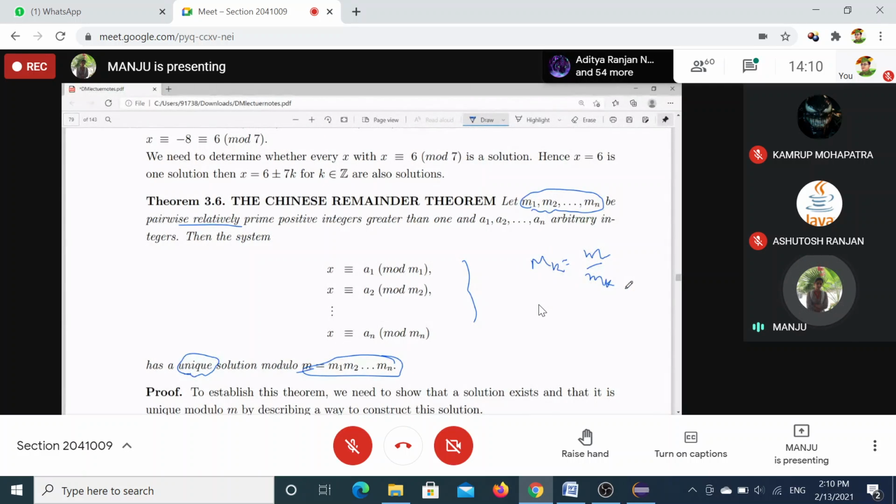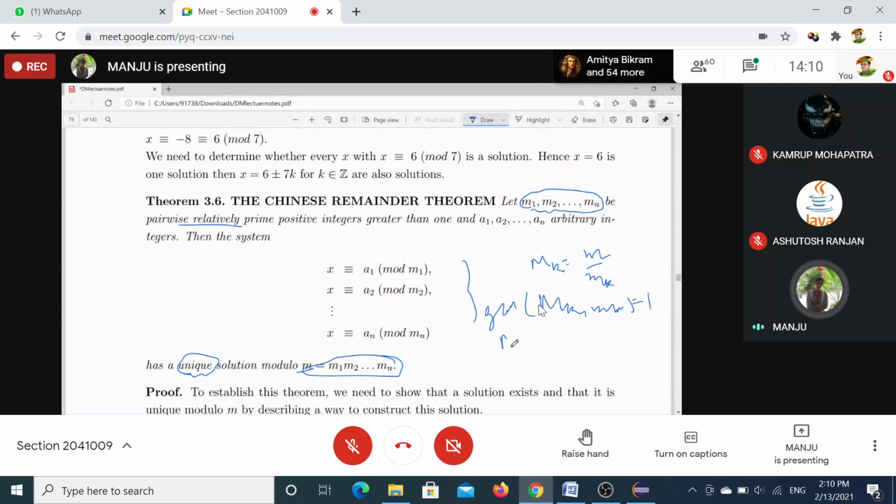Every Mi is present except MK. That's why capital MK and small mk will have GCD 1.